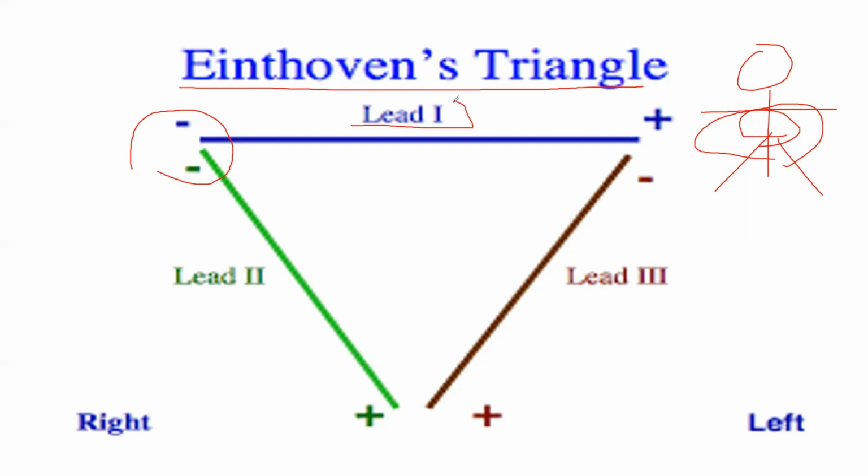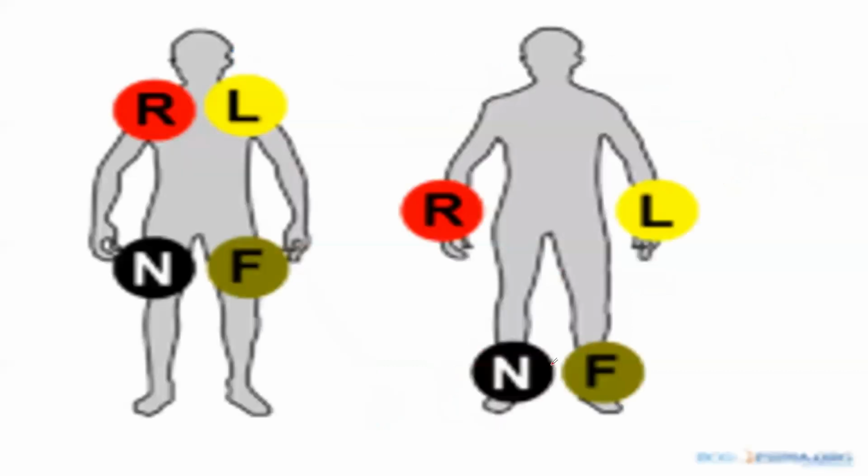And lead 1 will be the leader, and we'll have two vectors coming out from it. So for now, from the right arm to the left arm will be in this direction. From the right arm to the left leg, this one, and from the left arm to the left leg, right there.